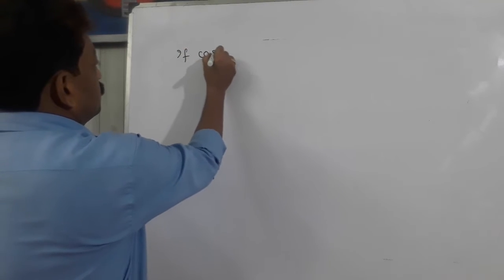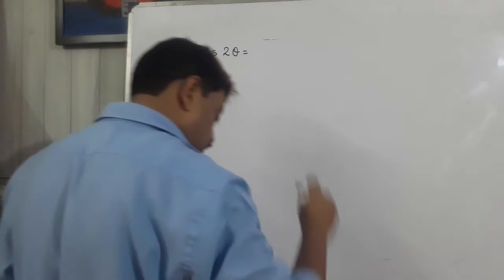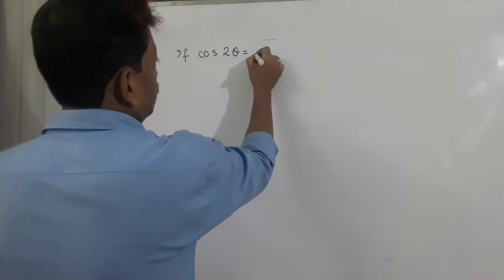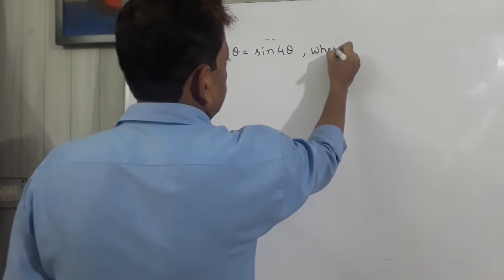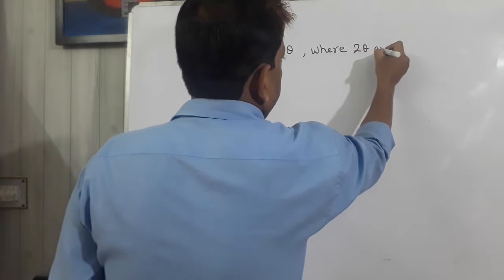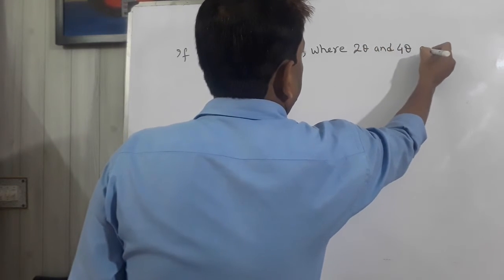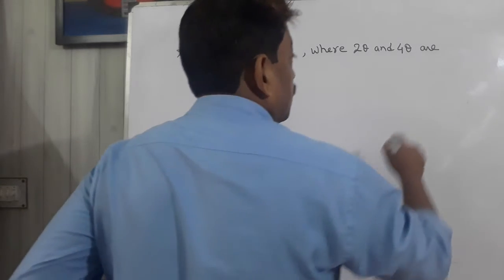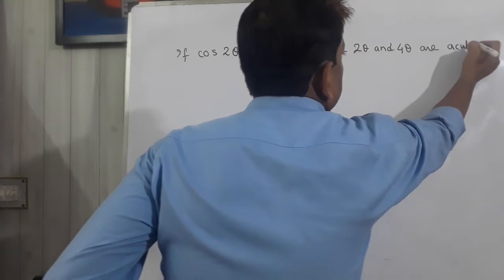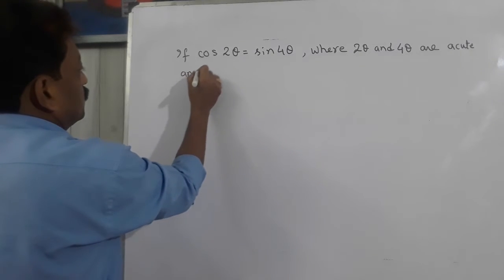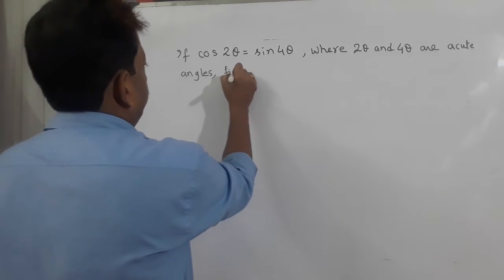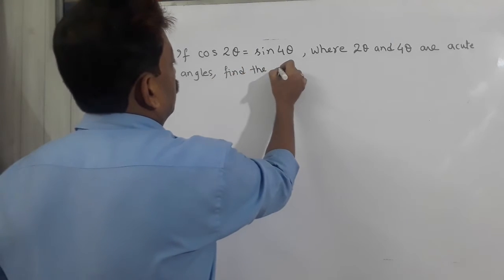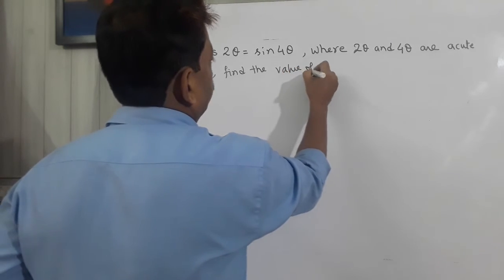The question is, if cos 2 theta is equals to sin 4 theta, where 2 theta and 4 theta are acute angles, then find the value of theta.